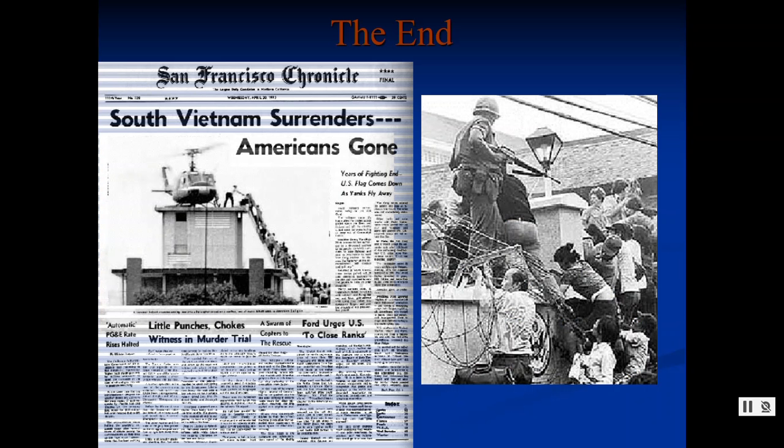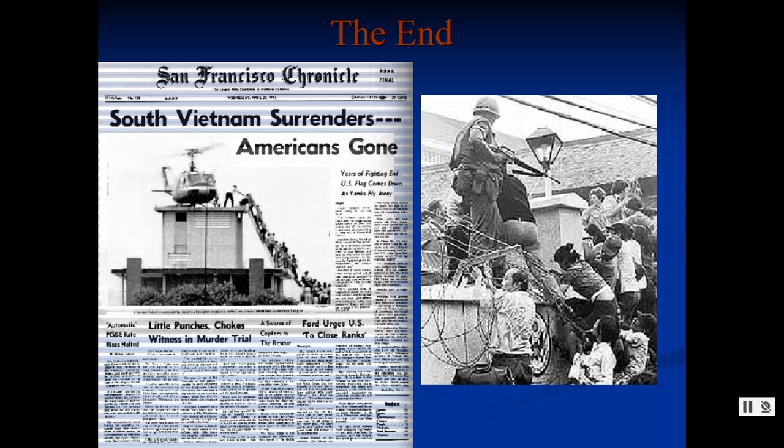It wasn't until 1974 that a peace accord was finally signed in Paris, ending the conflict. By March of 1974, American combat troops had left the country. But after a very, very short period of peace, North Vietnam recommenced hostilities in late 1974.